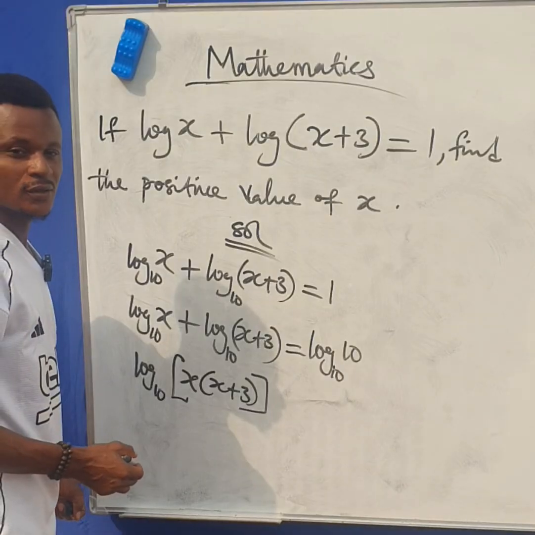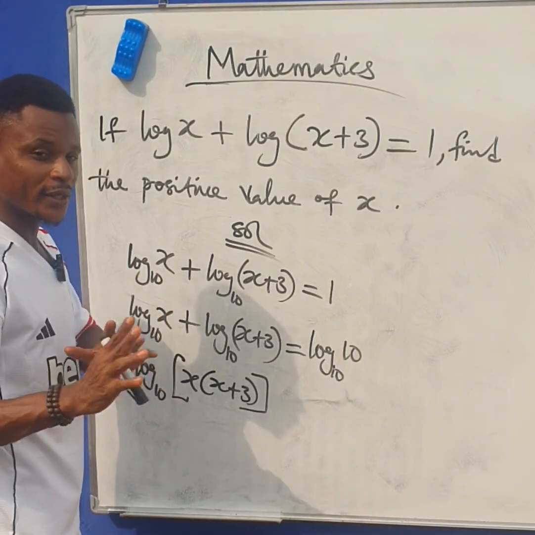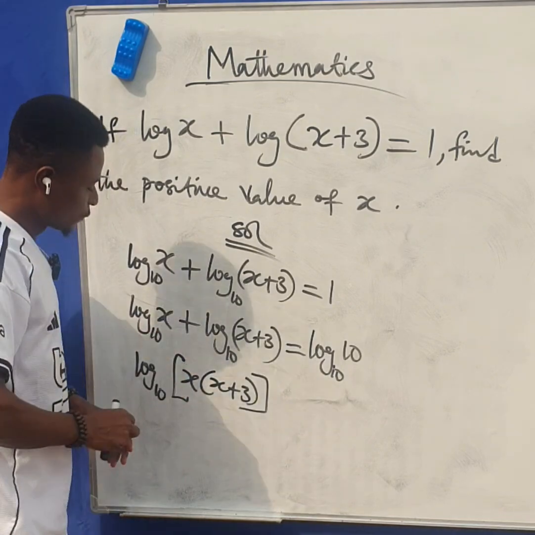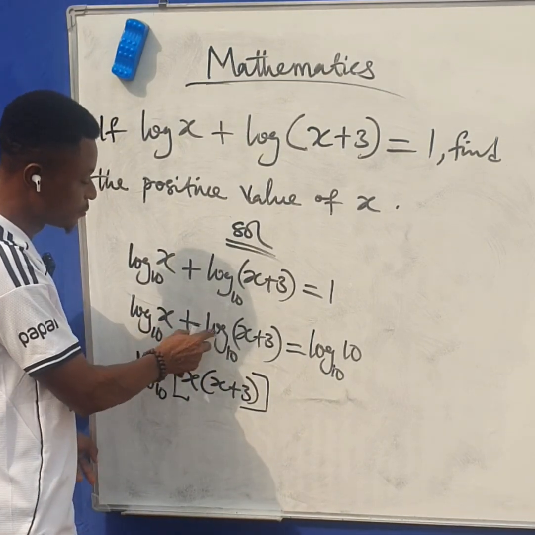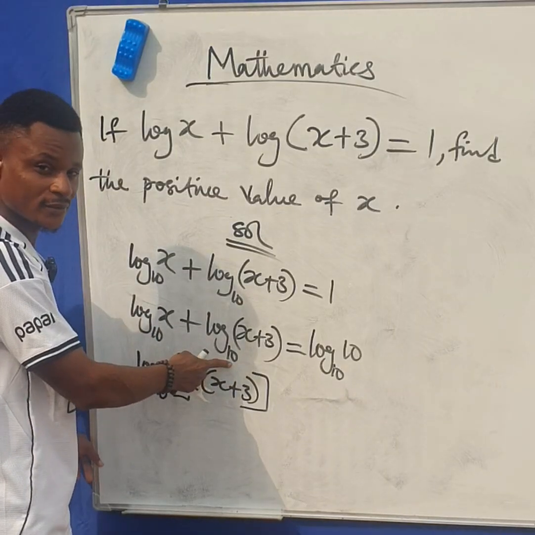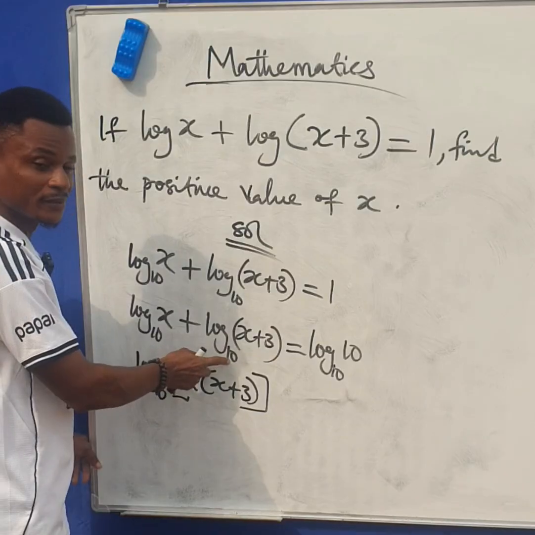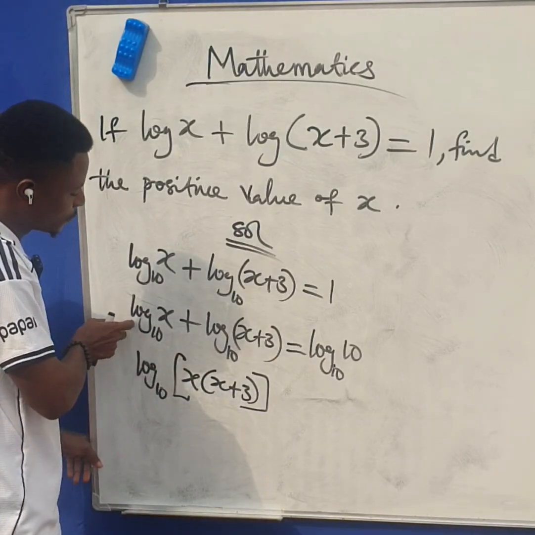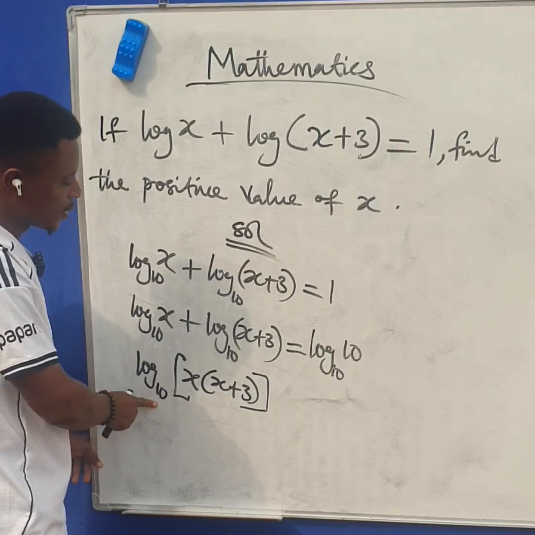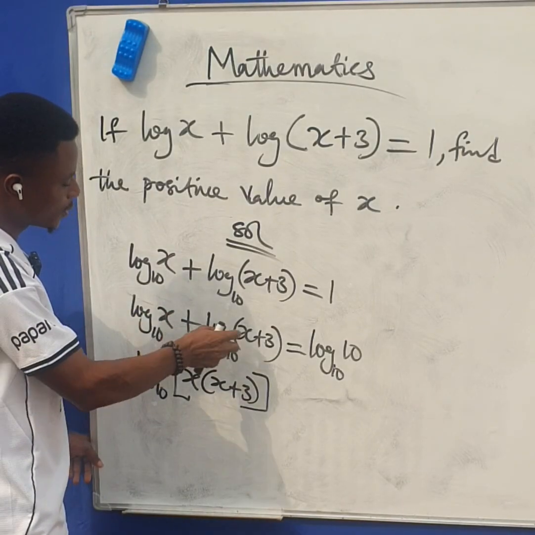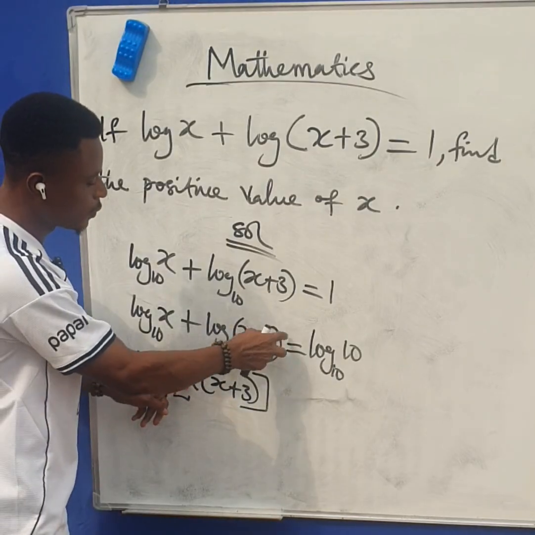Let me explain that again. We have addition here, and these logarithms are all in base 10. Anytime you want to add logarithms in the same base, just pick one of the log base 10, and then for the numbers, pick the first one and use it to multiply the number of the other log.